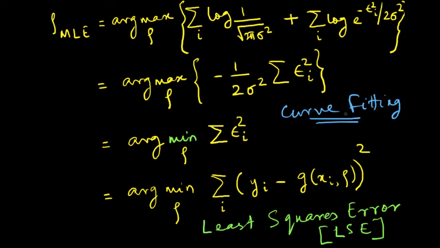So this is how you use the maximum likelihood estimator for regression. We are going to see more details of this regression when we come to linear regression in later videos, but this is just to give you an idea about the mathematical machinery which is used in such problems.